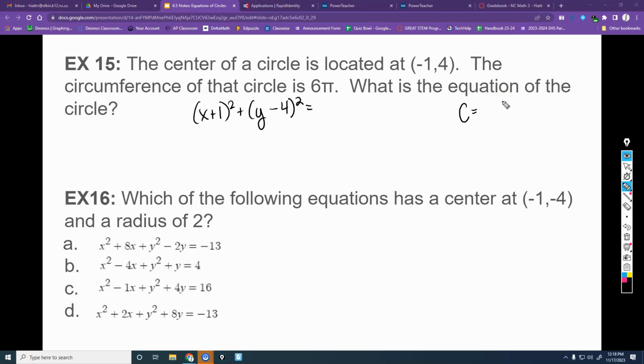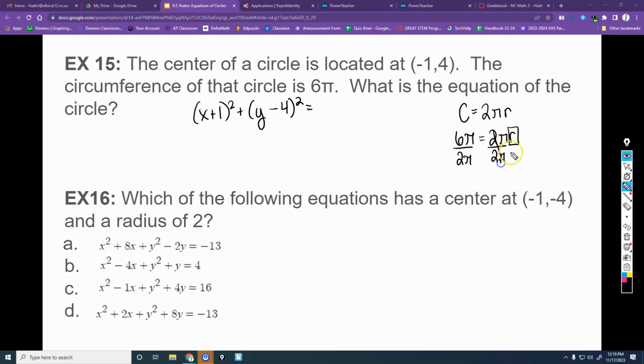What was it, Isaac? 2 pi times the radius. Or you could use pi times diameter if you want, but for this problem we need radius, so this would be good to use. So if I know the circle has a circumference of 6 pi, and 2 pi r is my equation for that, I want to find r, so I just need to divide both sides by 2 pi.